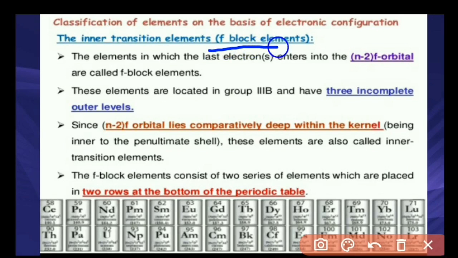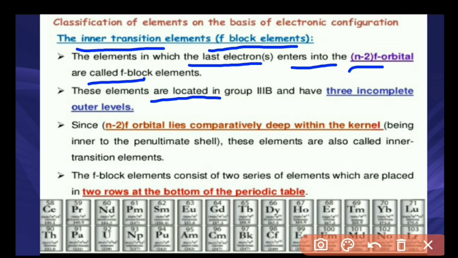F block elements are called inner transition elements. These are elements in which the last electron enters the n-2 f orbital. These elements are located in group 3B and have three incomplete outer levels, meaning the outer valence shells, because the last electron enters the third last shell, the antepenultimate shell.